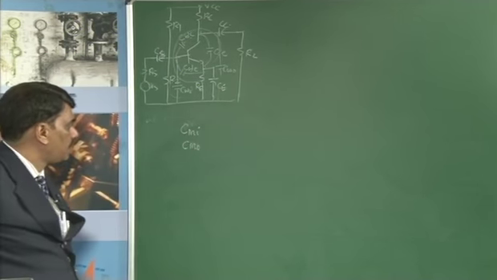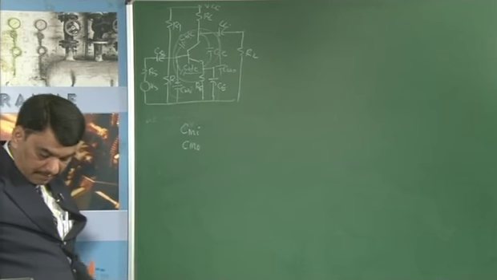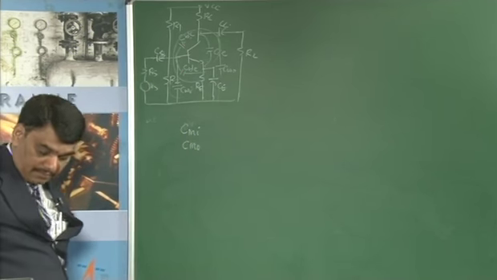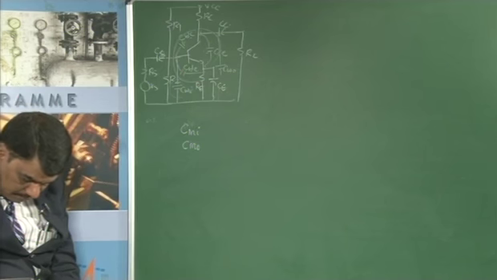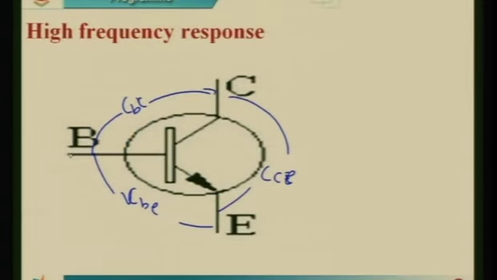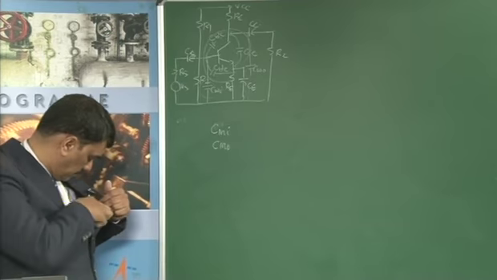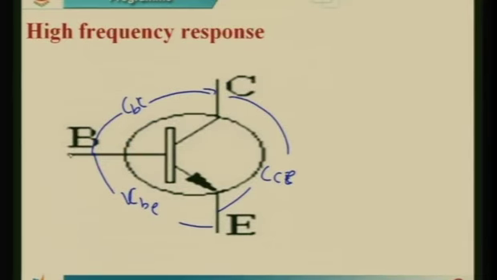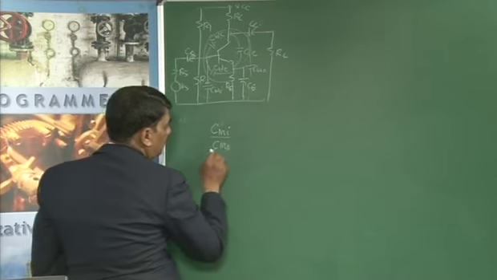For this circuit analysis, we found what is the effect on these values. In the previous class, we solved one problem. If you take the same example, now I am interested only in the C_MI and C_M0 effect.